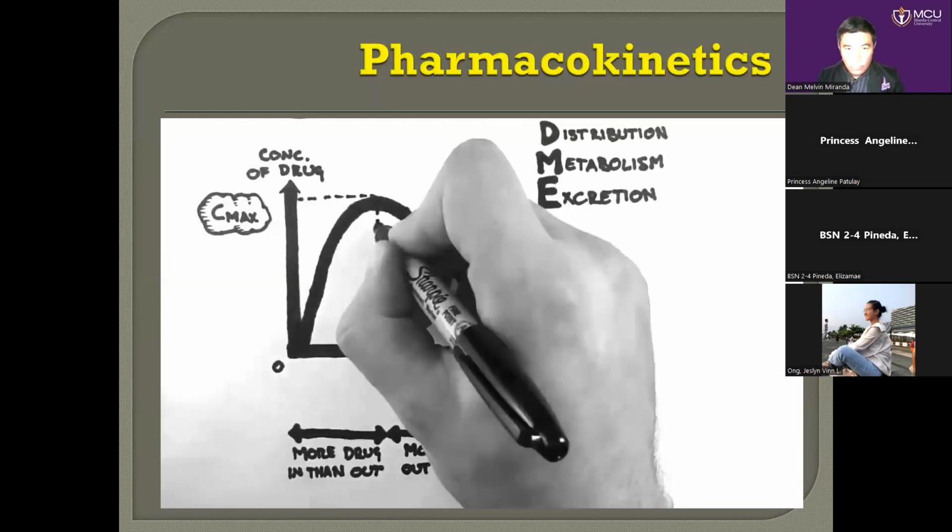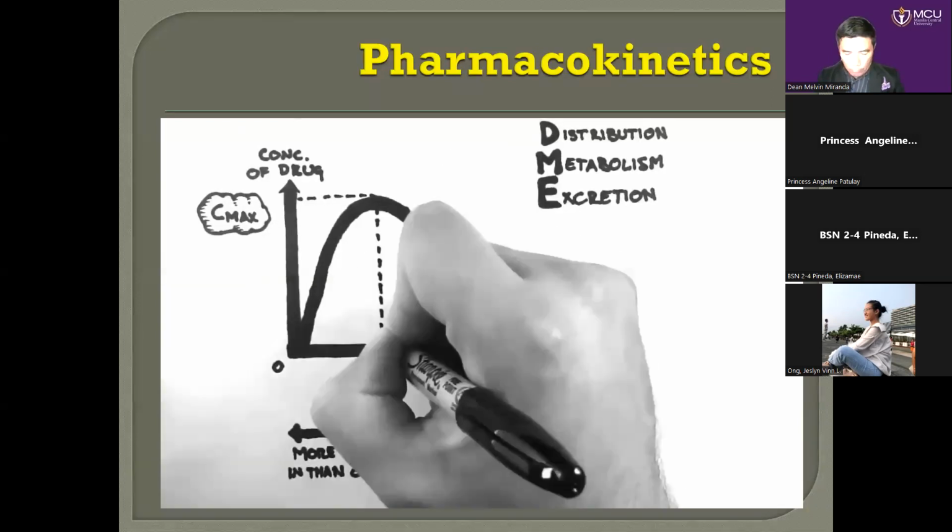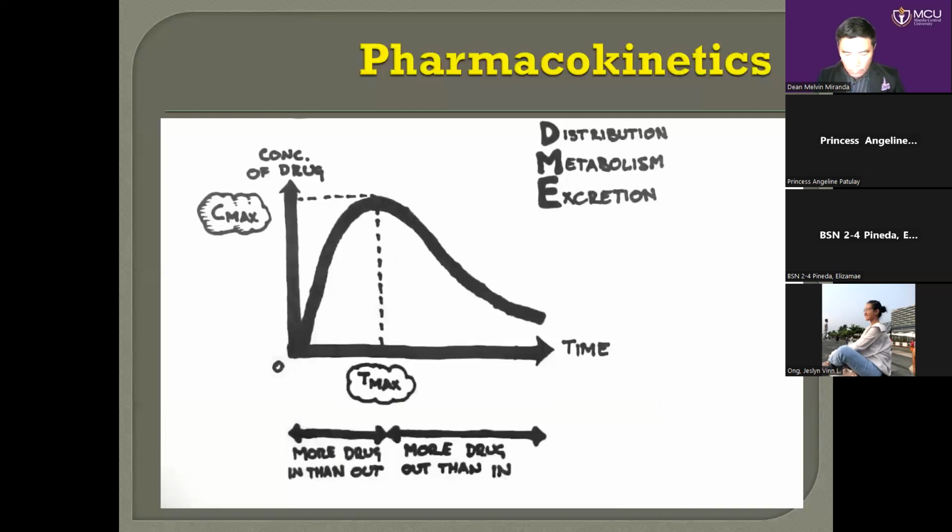The time at which the maximum concentration occurs is called Tmax. Now, a slightly more confusing concept is the half-life of a drug. The half-life is, by definition, the time it takes to remove half of the current concentration of drug from the body. So let's consider the half-life on this graph.